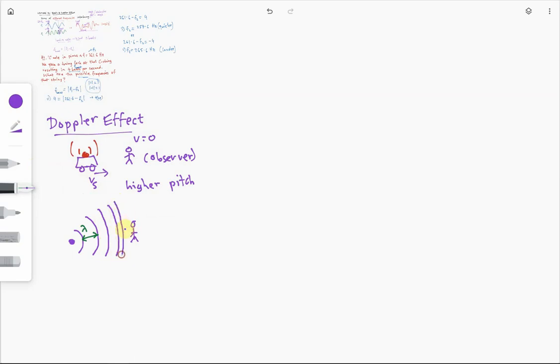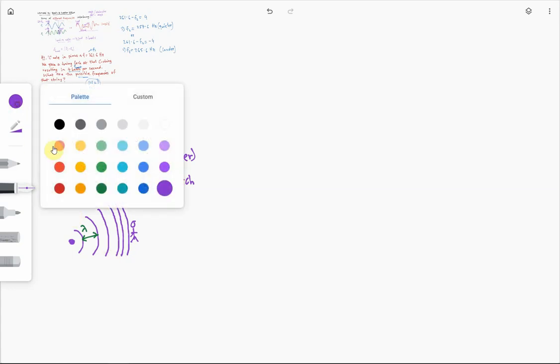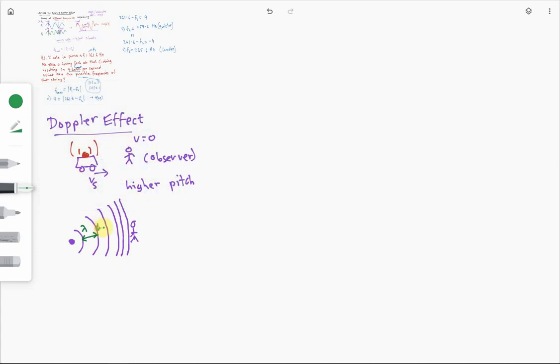The waves get closer together as they're squeezed in. Therefore the lambda actually is changing. The lambda, if you remember, is the distance between the wavefronts. So as the source approaches you, lambda gets smaller and smaller.